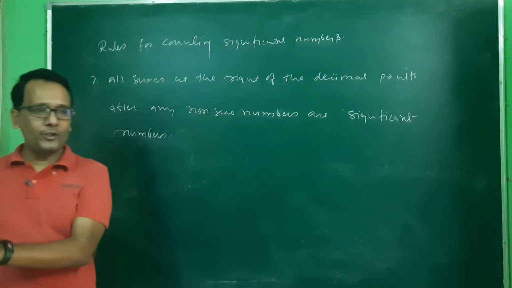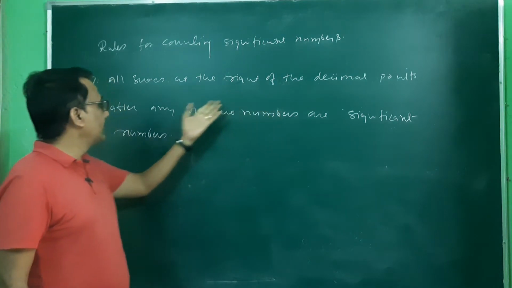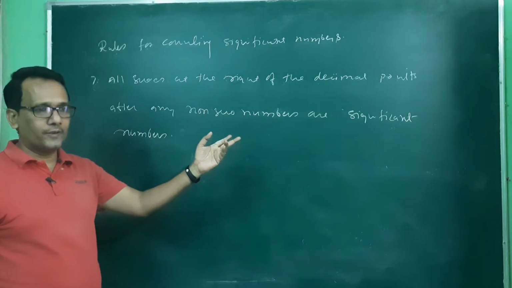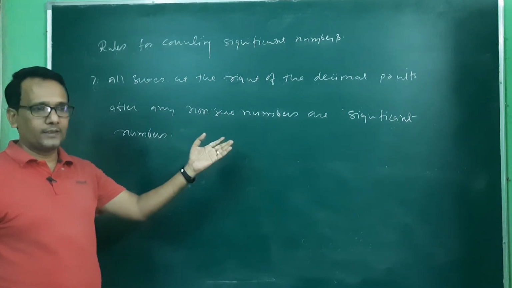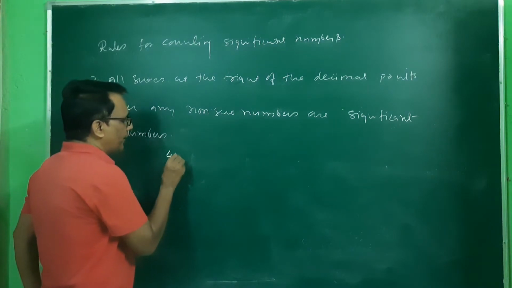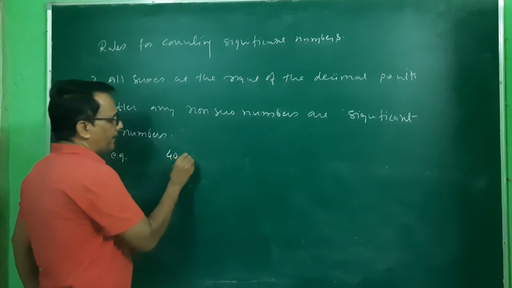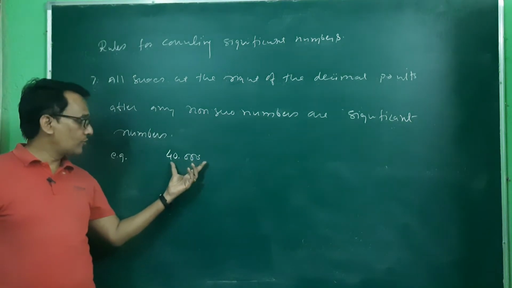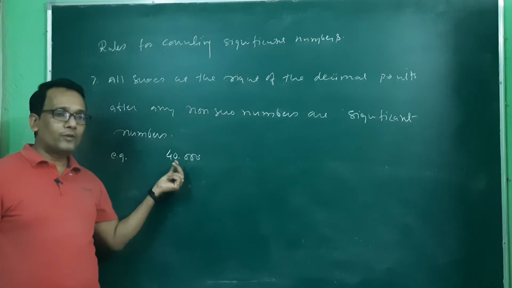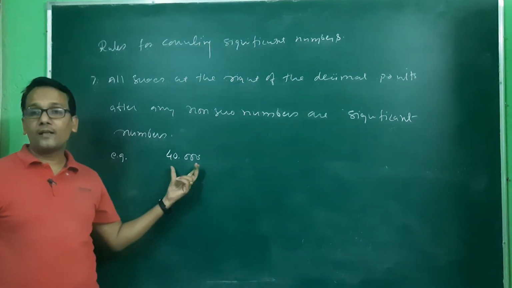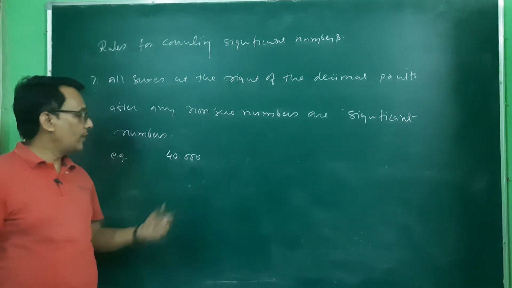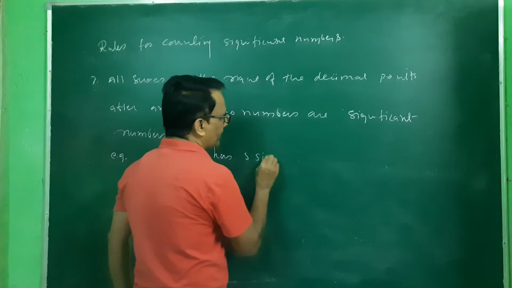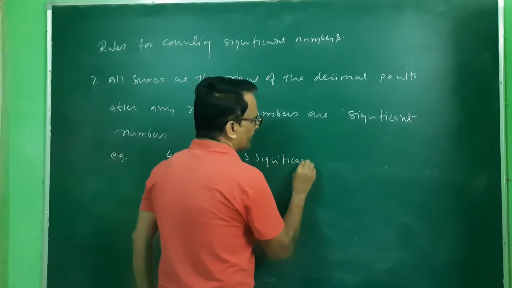Decimal point के right में जितने भी zeros हैं, and these zeros are just right of non-zero digits also, तो सब के सब जो है वो significant के अंतर्गत आता है. For example, if this is 40.000, so all these zeros which are either before or after this decimal point, all these are significant digits. So how many? 1, 2, 3, 4, 5. 5 significant digits.